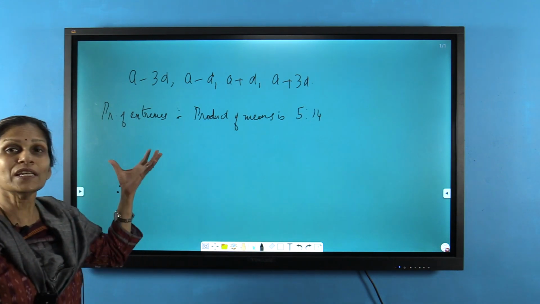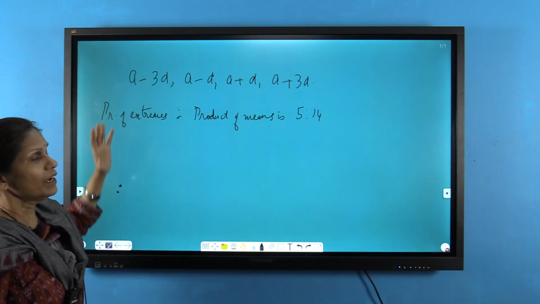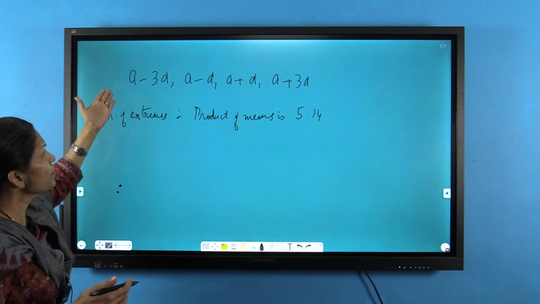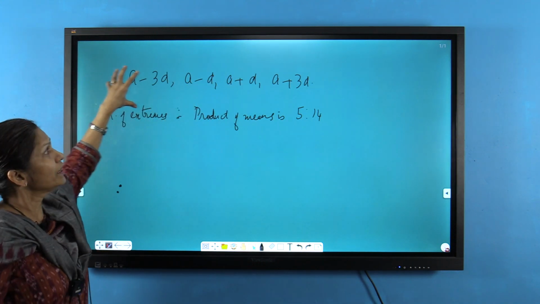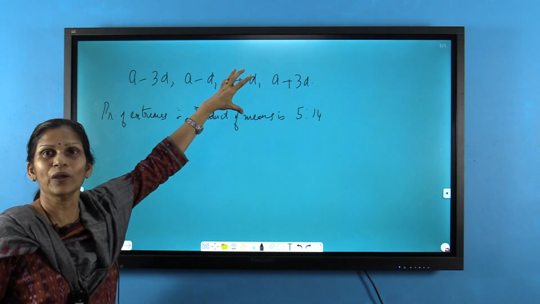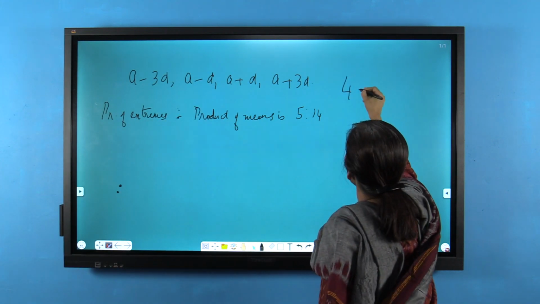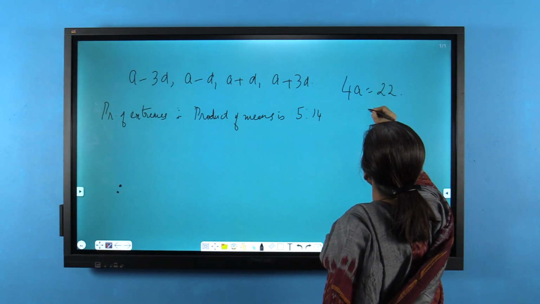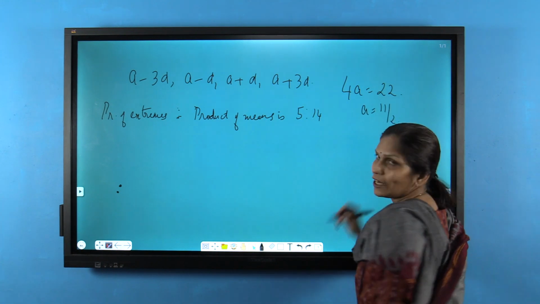What do you ask? 22 has to be divided into 4 parts, and they form an AP. Suppose these are the 4 terms. Now, 22 is being divided, so isn't their sum equal to 22? Their sum is 4a, which is 22. What is a? It is 22 by 4, 11 by 2.